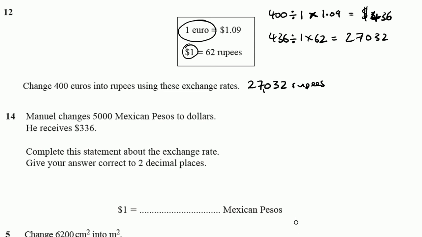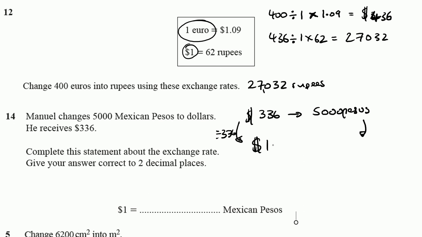Manuel changes 5,000 Mexican pesos to dollars and he receives $336. And now I want to know what the exchange rate is. So if $336 is worth the same as 5,000 pesos, and I want to know what $1 is worth, well, I've got to divide by itself to get down to 1.